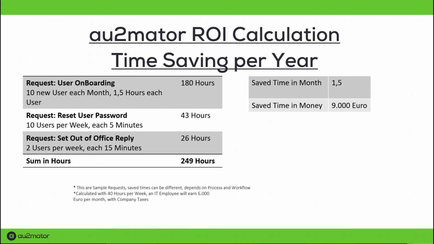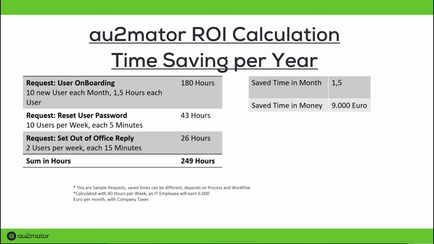The savings in the first year we calculated for the user onboarding. The customer had around 10 new users each month. We calculated 1.5 hours per user. We have customers who take longer, of course, but we want to take the lower numbers.